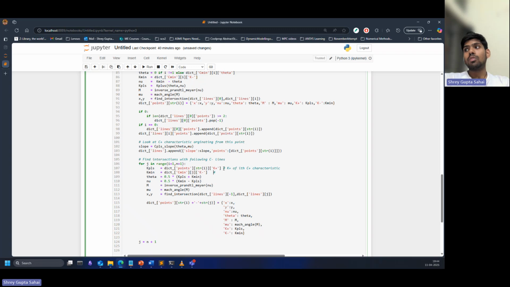The way we go into that mesh of C plus and C minus lines is this way, and K minus of the jth C minus characteristic. Using that we find theta and nu, we find Mach number, mu, and x and y.